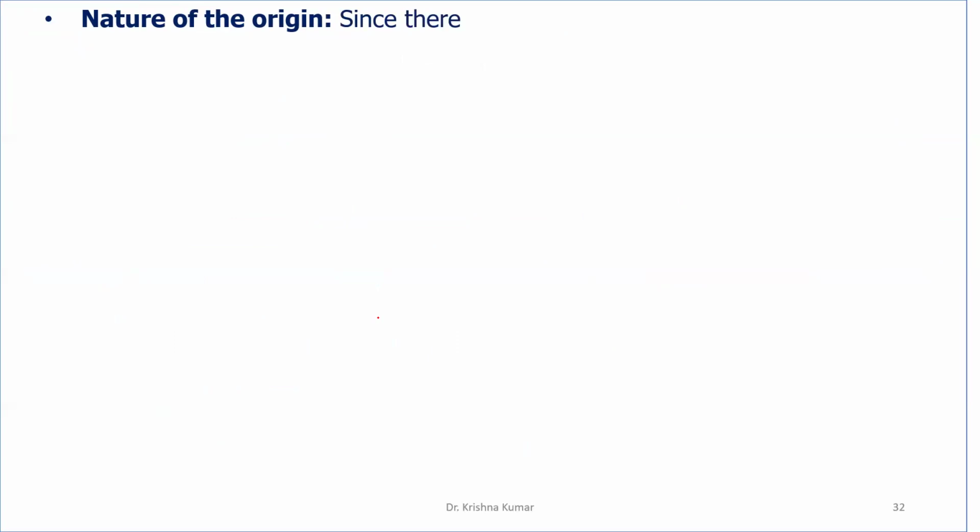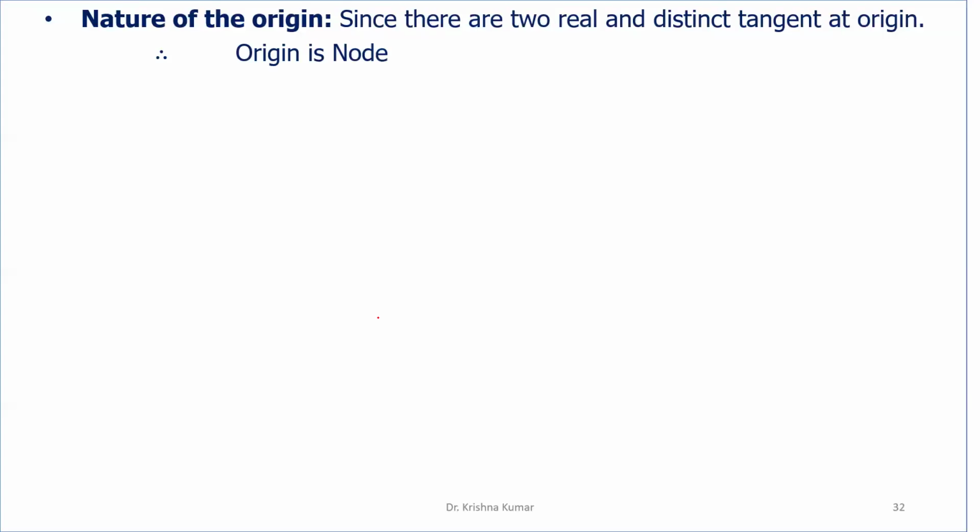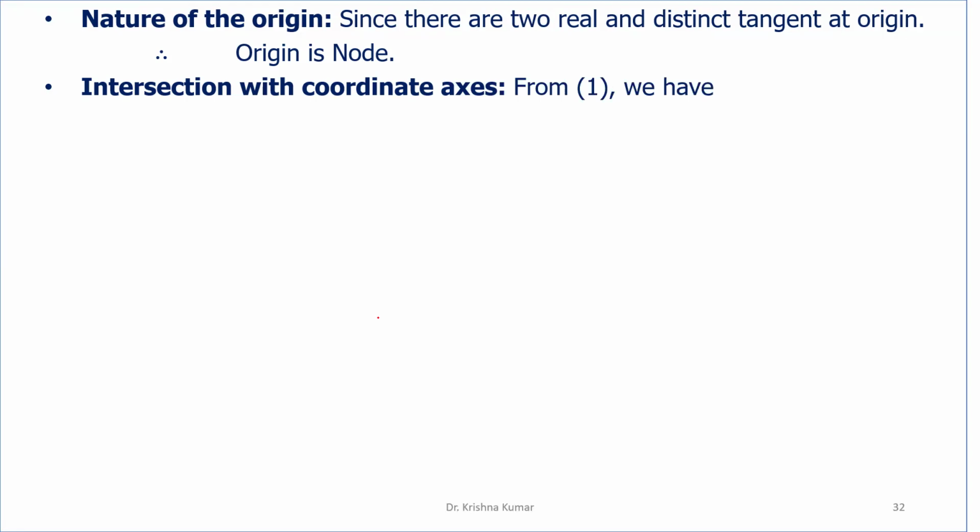Nature of the origin: since there are two different and real tangents at the origin, the origin is a node. Intersection with coordinate axes: from equation number 1, x cube plus y cube is equal to 3axy.